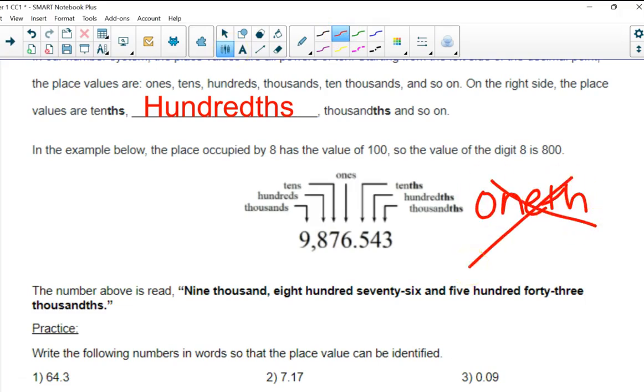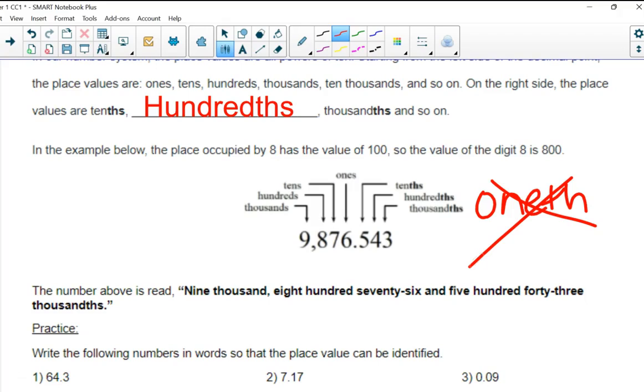That's because in math, if we have one of something, we consider that a whole. If I have one cupcake, I have a whole cupcake. I can't have a oneth of a cupcake. But I can have a tenth of a cupcake, because what that means is I cut my cupcake into 10 pieces and I took one of those pieces.